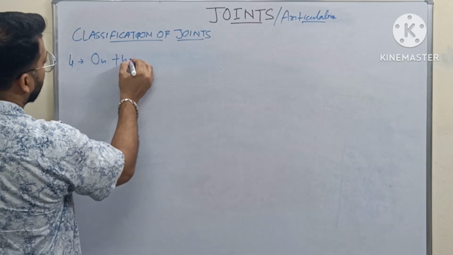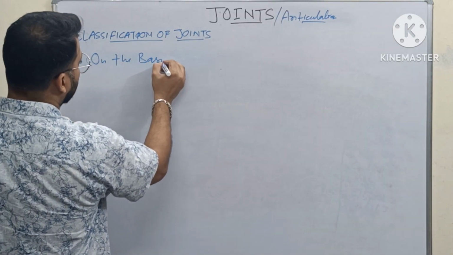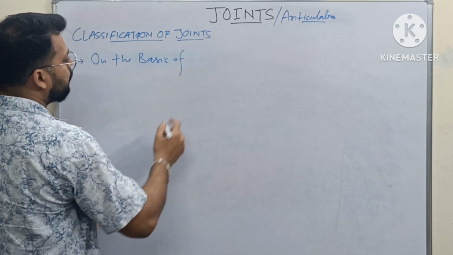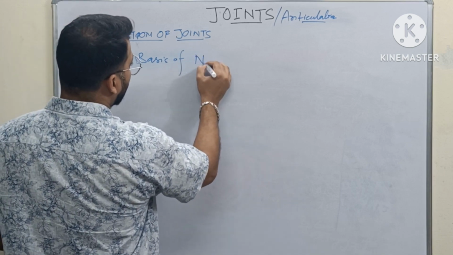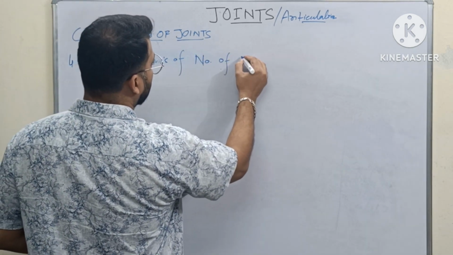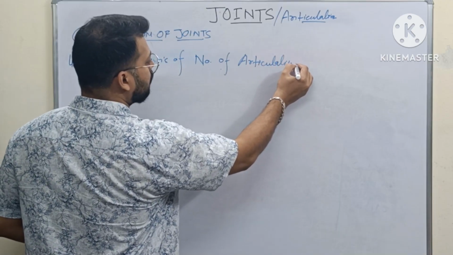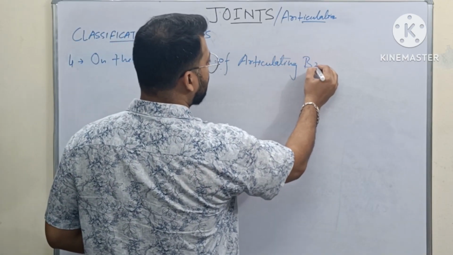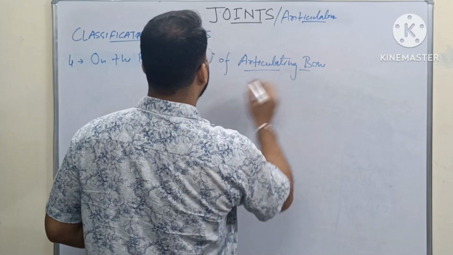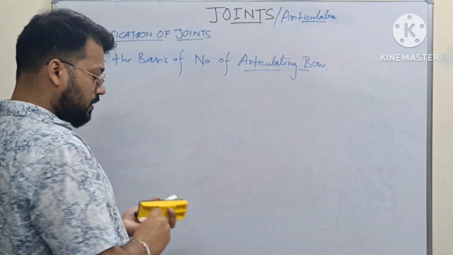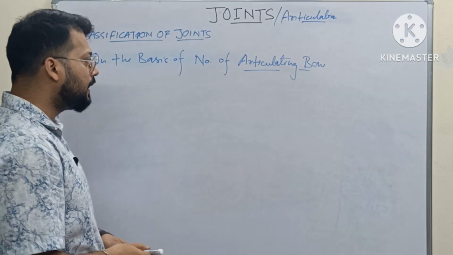on the basis of the number of articulating bones. On this basis, again, joints are divided into three categories.